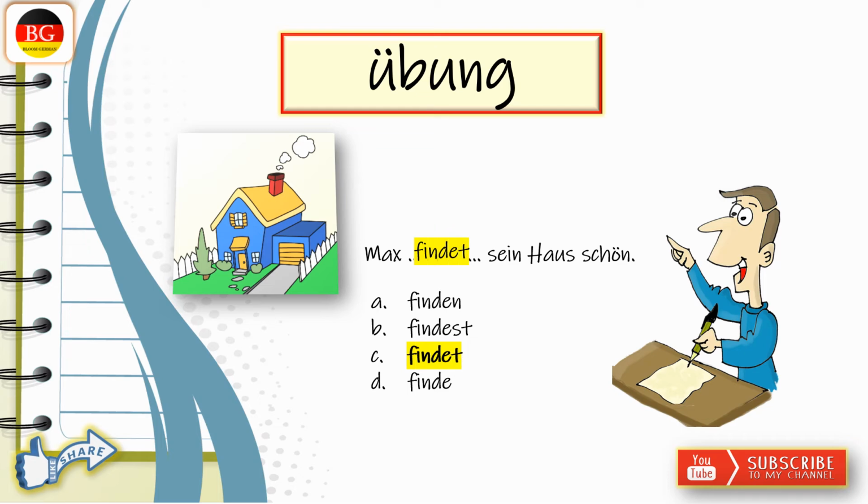We have just now seen Max is third person singular, that is er, he. So findet. How does e come? This is the exceptional verb. We have just seen e getting added for the verb conjugation t. So Max findet sein Haus schön. Max thinks or finds his house nice or beautiful.